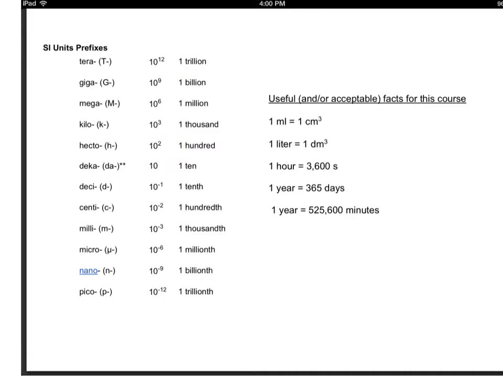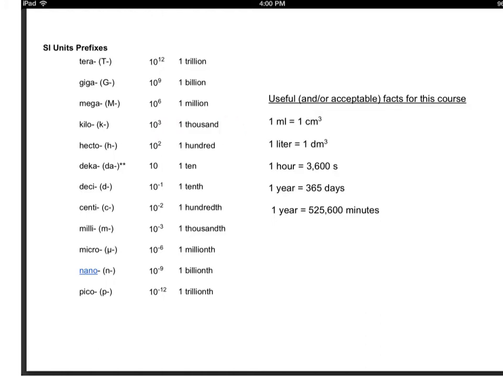I would say it's probably more important to know this middle column and this first column than the third column, because if you know the middle column, you should be able to translate that into English. But if you want to try and memorize the third column as well, you can, but hopefully most of you understand that 10 to the second is the same thing as 100 and 10 to the third is the same thing as 1000.